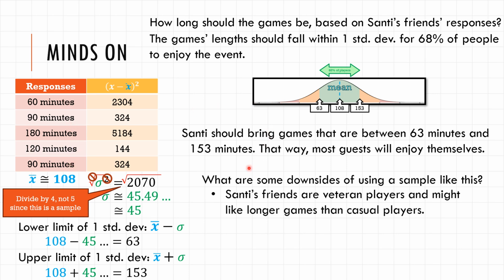And his friends may not represent everyone really well. So his friends are veteran players. They play board games like every week or whatever, right? People who like to play games more frequently might like longer games than people who just like to play a casual, quick game.